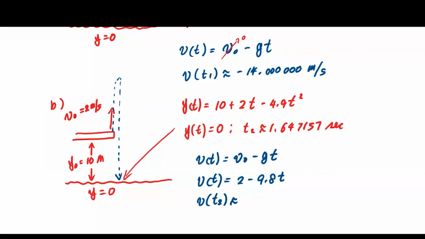You're supposed to get negative 14.142139. How about that? So it's slightly faster compared to the original one, because she has to jump up. Effectively it's the equivalent of her stepping off from that maximum height. You get it? Okay, now don't get rid of this negative sign. You keep the negative sign, it means downward.